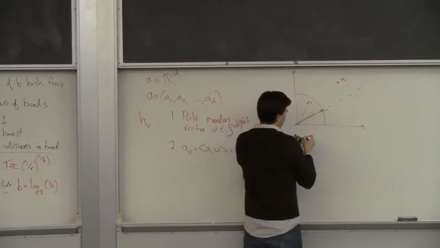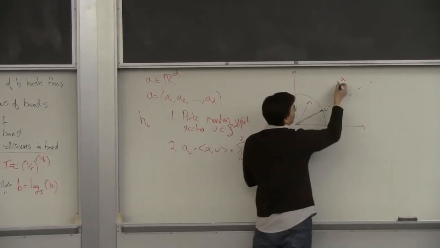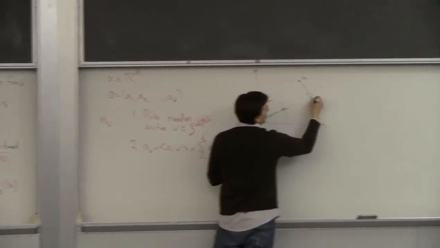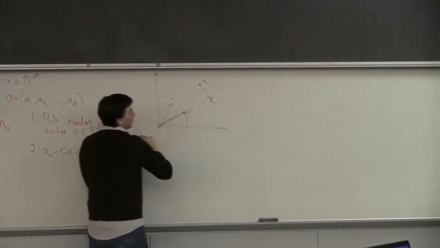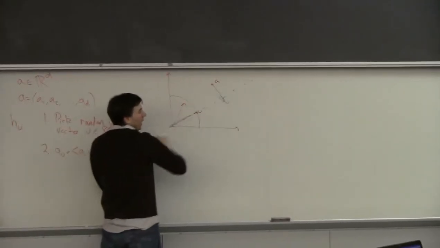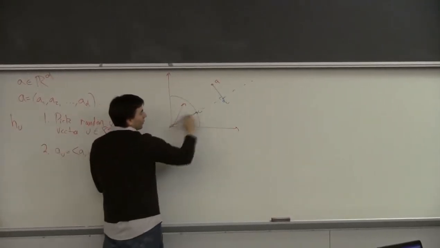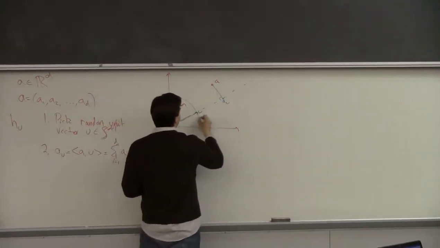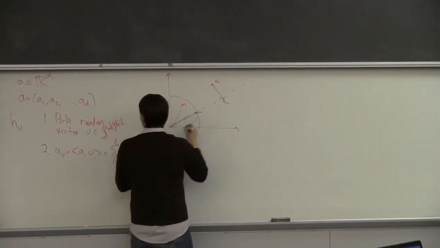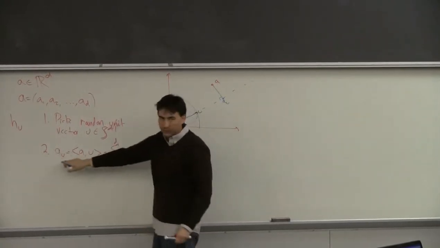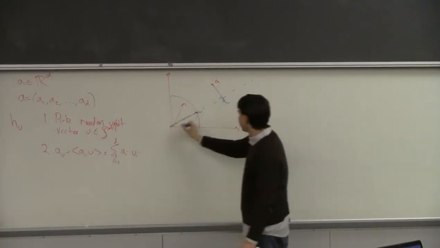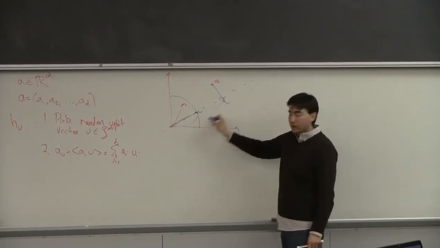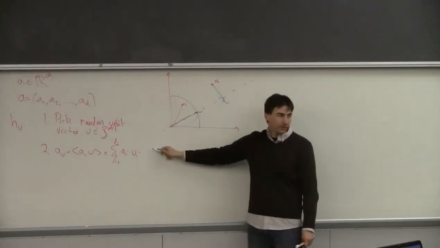And then this dot product is really a projection. So this is a dot u. I'm projecting to a point on the one-dimensional line that goes through u, and the dot product is telling me this length. So a dot u is now a scalar value, but it lies on this line, so I can think of it as a value on this line. That's what the dot product is doing. Okay?